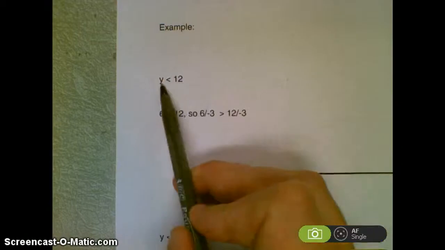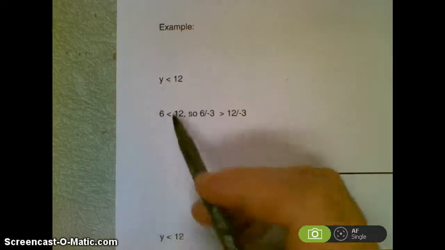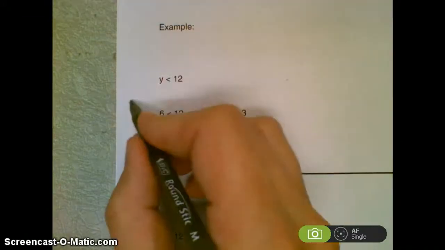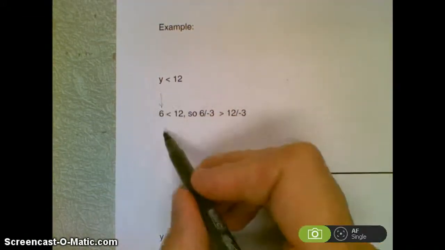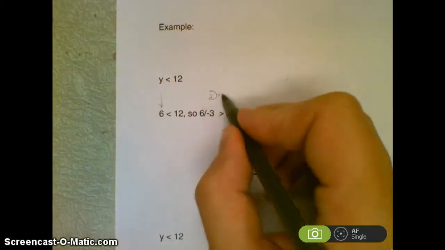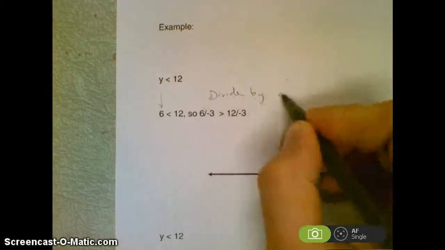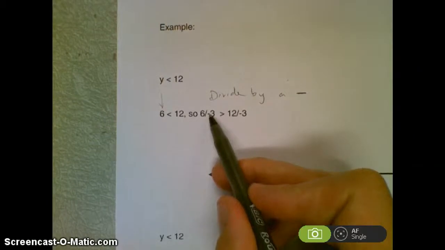Here's the inequality: y is less than 12. I'm going to pick a number for y. It could be 11, 10, 9, 8, 7, 6, 5. But I'll pick 6. So one of the numbers that is less than 12 is 6. So let's say I divide by a negative, and I'll just pick negative 3.